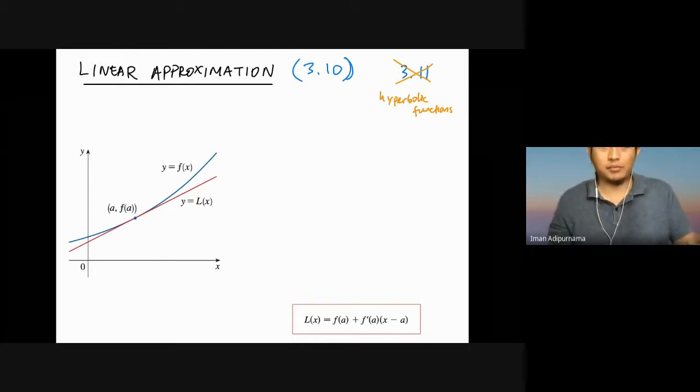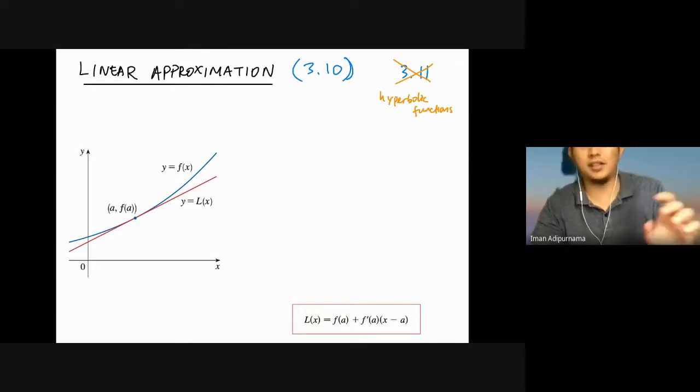Okay, linear approximations. So this is, I believe, one of the examples of applying your calculus with some applications. In our case here, approximation.